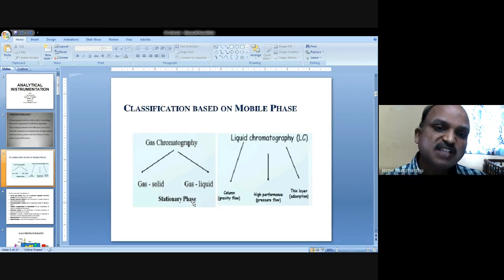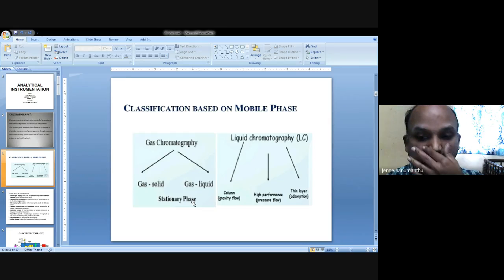In gas chromatography we have other categories: gas-solid and gas-liquid. In liquid chromatography, we have column, gravity flow, high performance, pressure flow, and thin layer adsorption type. So this is the classification of chromatography, right?